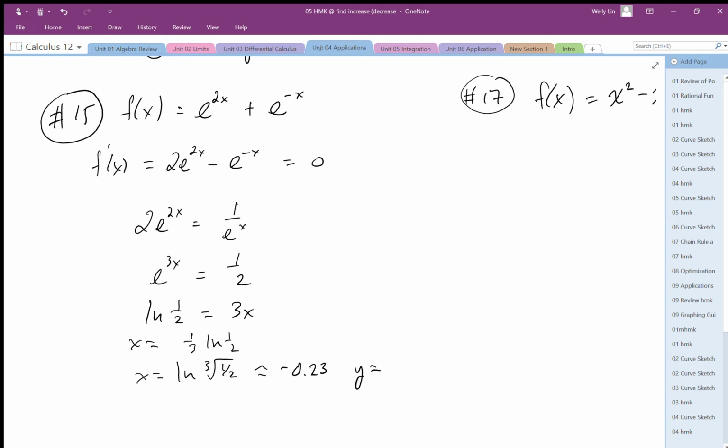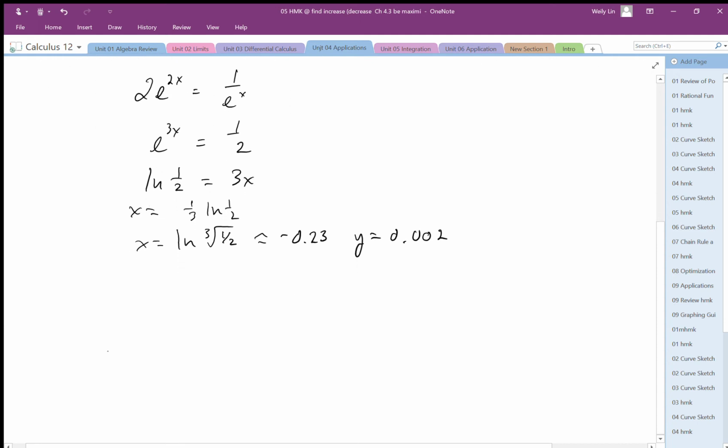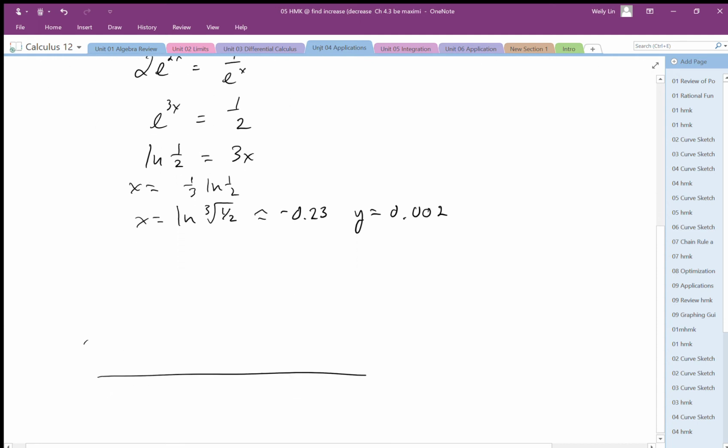Okay, so I'm getting 0.001, or basically 0.002. Okay, so then on my chart here, I'm going to start a slope chart.